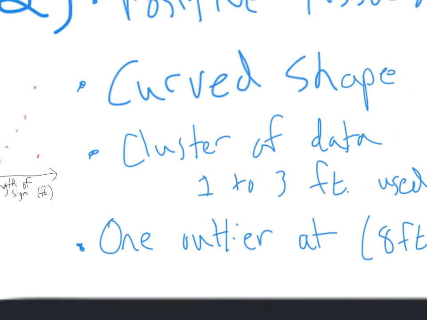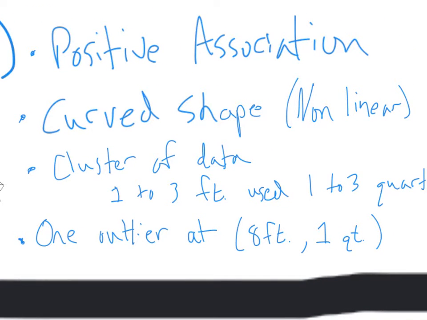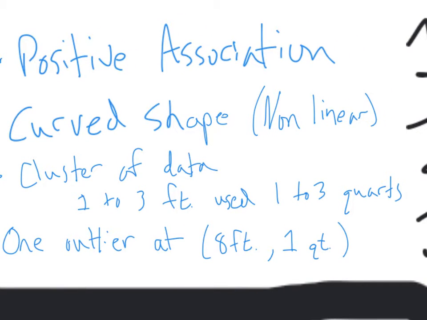Another thing you can point out is that there's a cluster of data between 1 to 3 feet and 1 to 3 quarts. Actually, let me change that: 1 to 2 quarts of paint. That's a really bad 2, but you guys can make that adjustment on your paper.